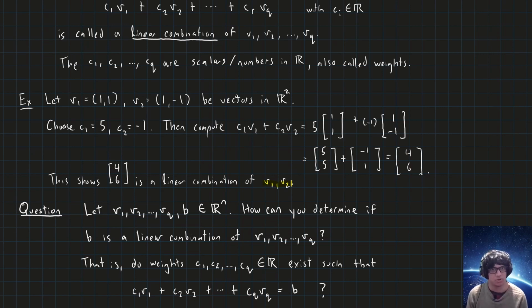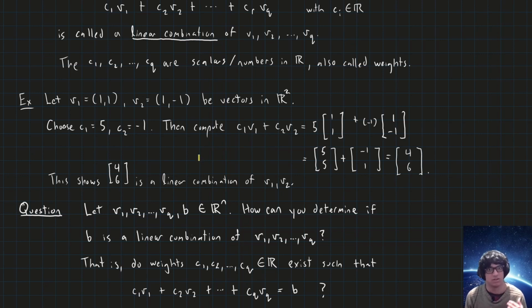Instead of just generating a linear combination, let's ask the reverse question. Let's say I have v1 and v2, and I choose a vector at random in R2. Call that vector b. Then I can ask, is this random vector b a linear combination of v1 and v2?